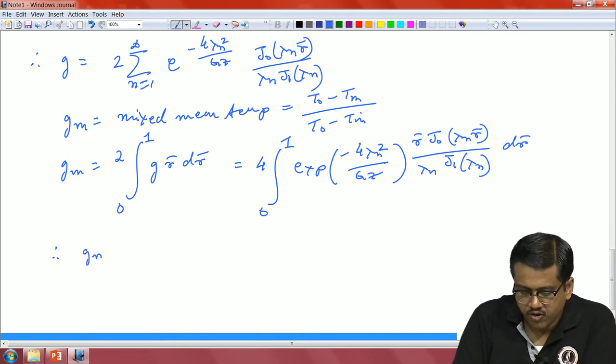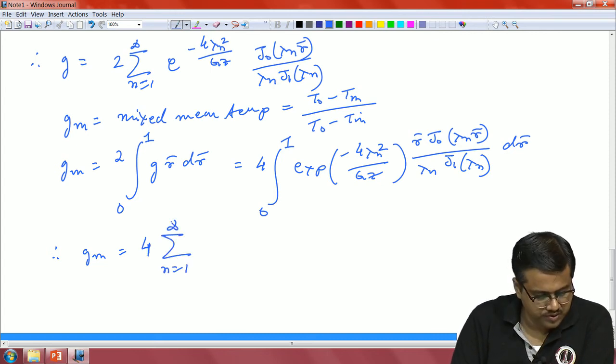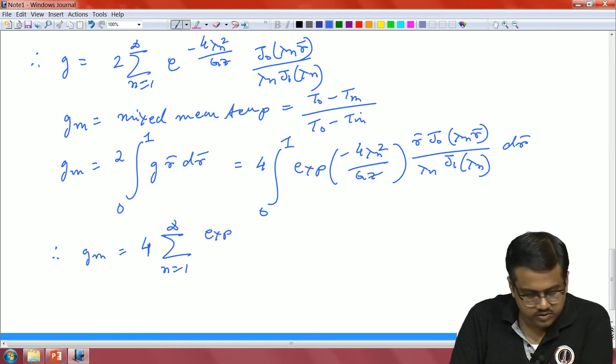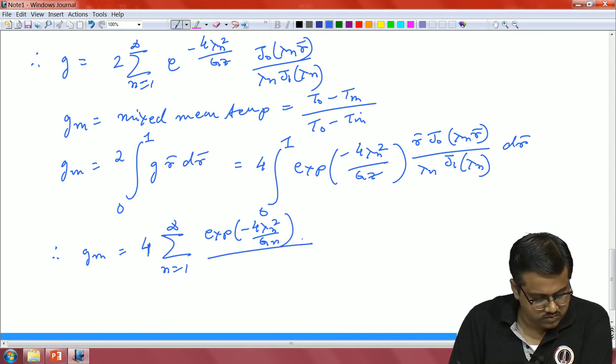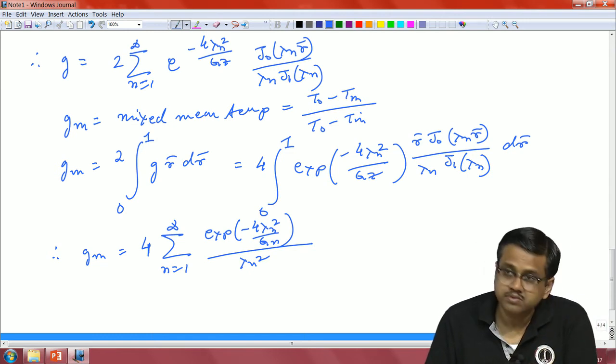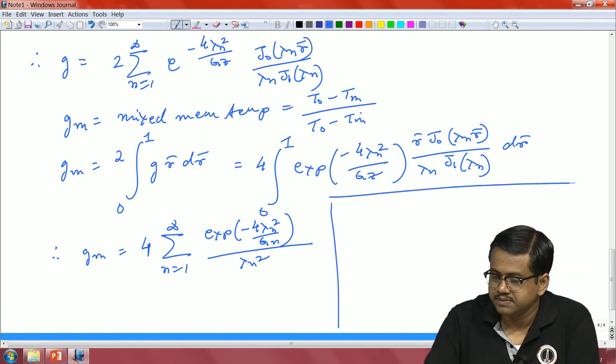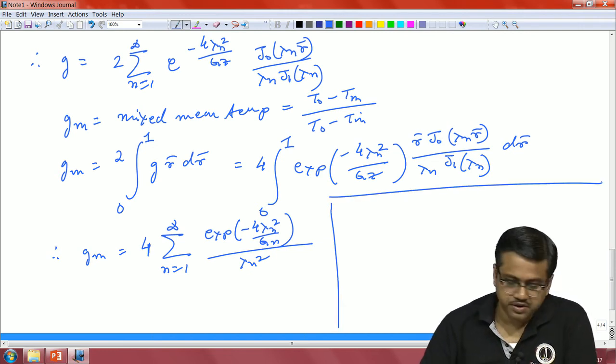Therefore, Gm would be equal to 4, okay, that is Gm for you. That will be Gm, the mixed mean temperature that we defined.